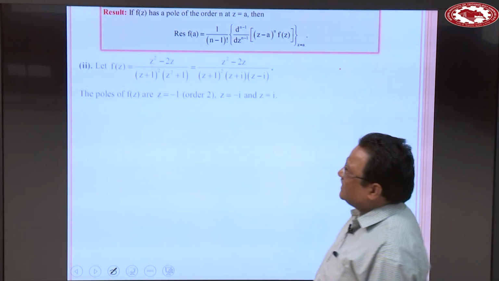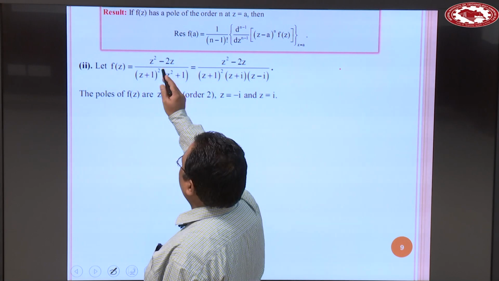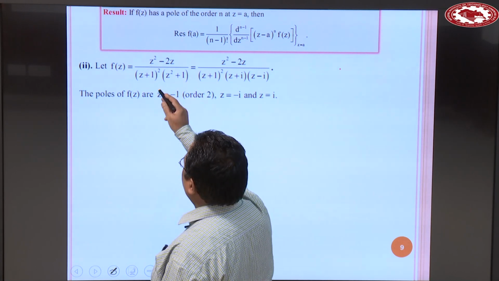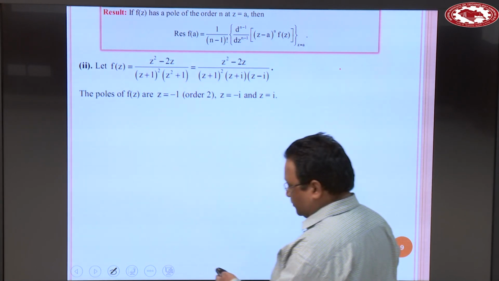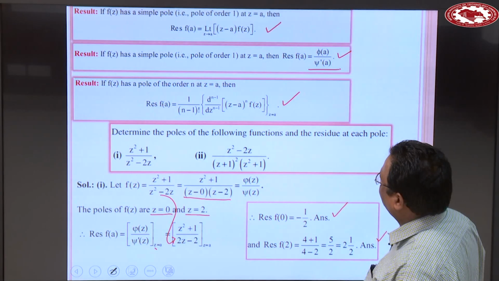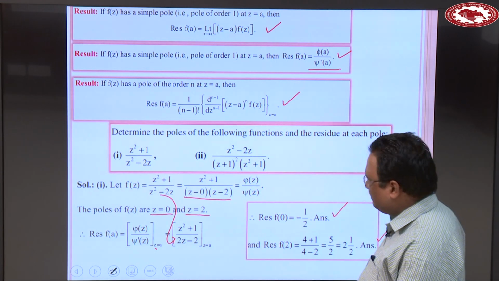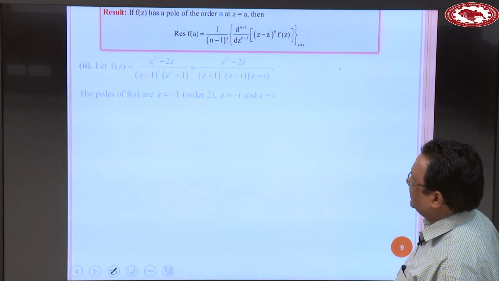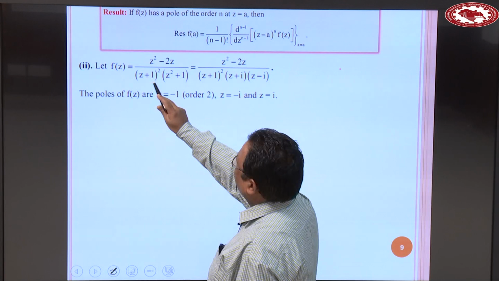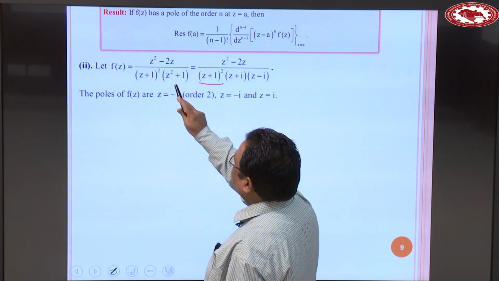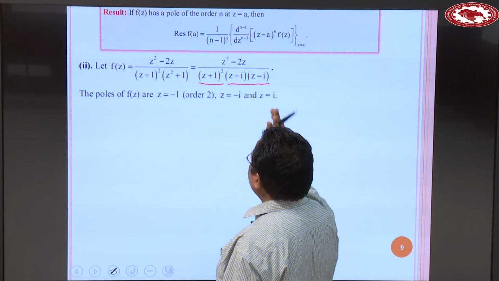Now second problem is f(z) = (z² − 2z)/((z + 1)²(z² + 1)). So in the previous problem we had z² − 2z divided by (z + 1)²(z² + 1). So we have this result. Okay, so denominator is (z + 1)² as it is. Okay, z² + 1 is (z + i)(z − i), no problem.